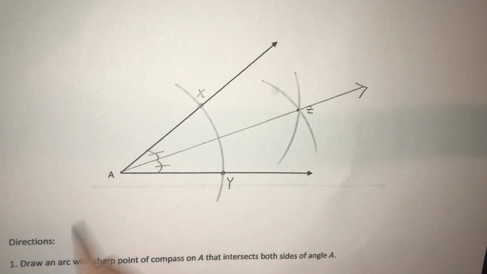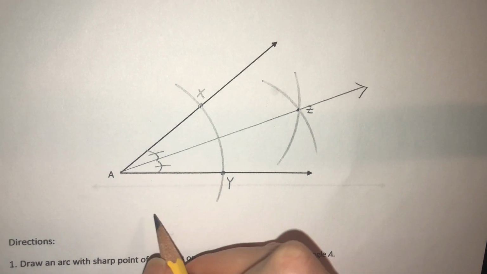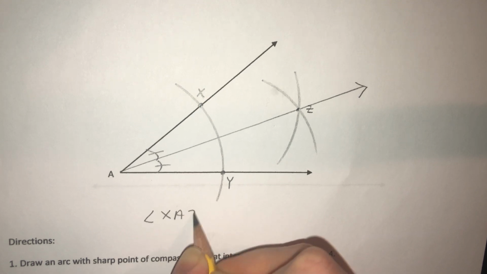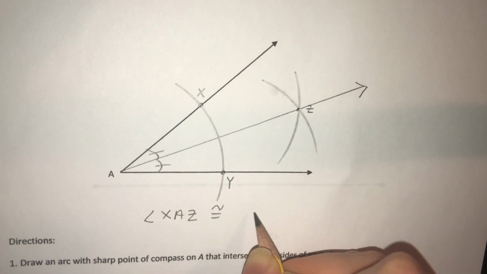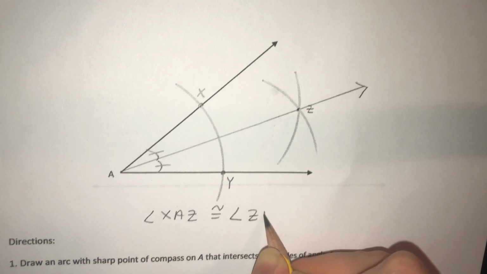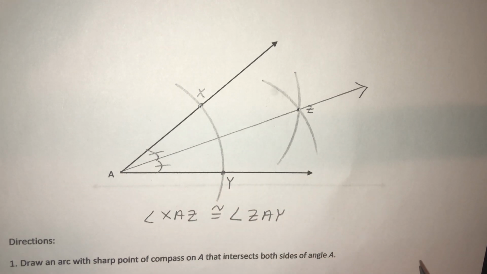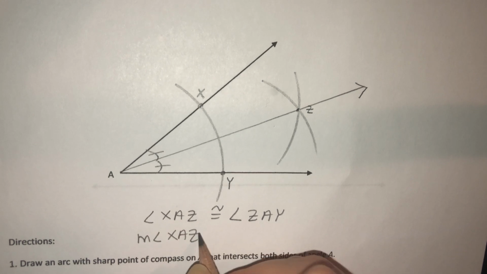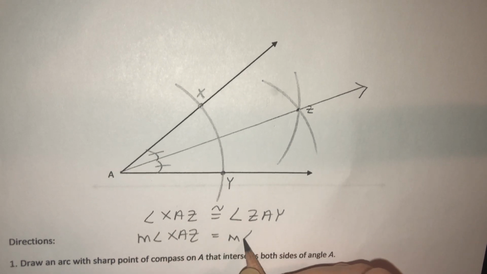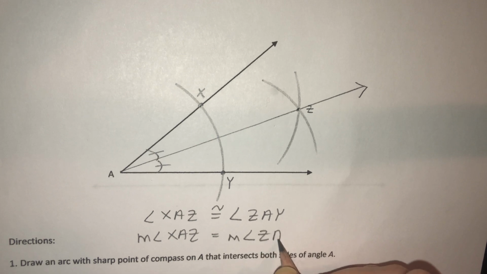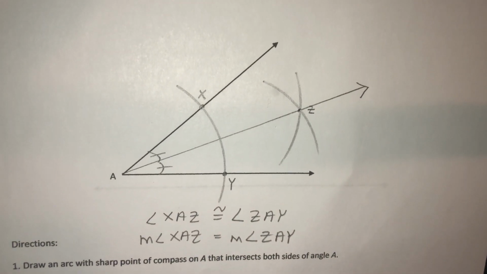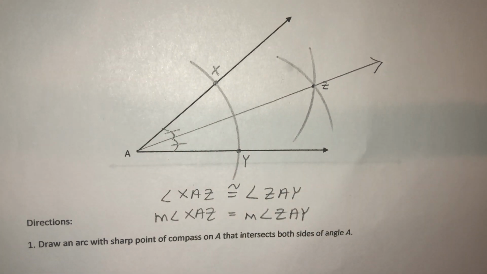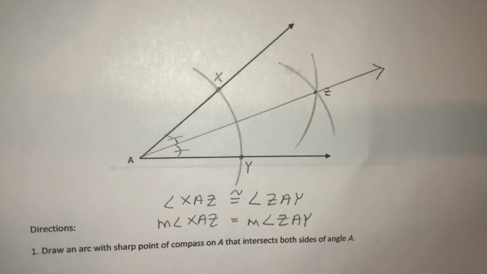It passes through the middle of the angle. So I have angle XAZ is congruent to angle ZAY. Or the measure of angle XAZ is equal to the measure of angle ZAY. And these congruent marks show that is what we did.